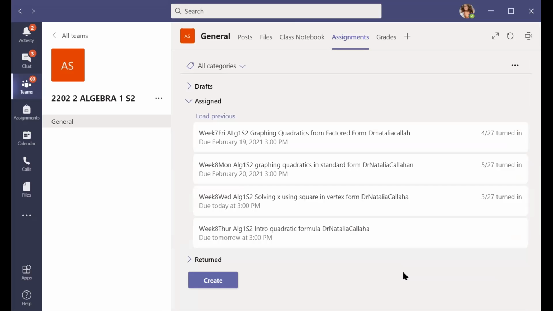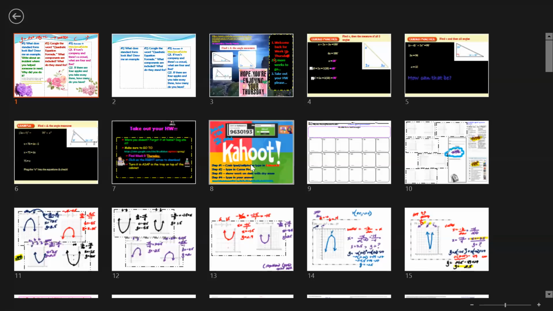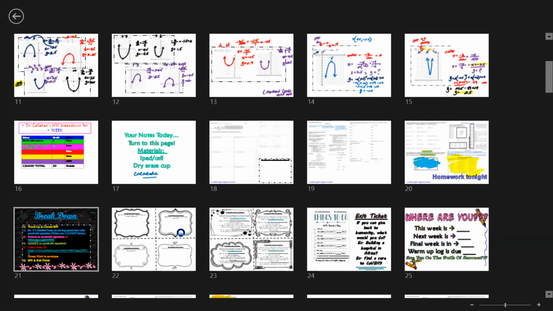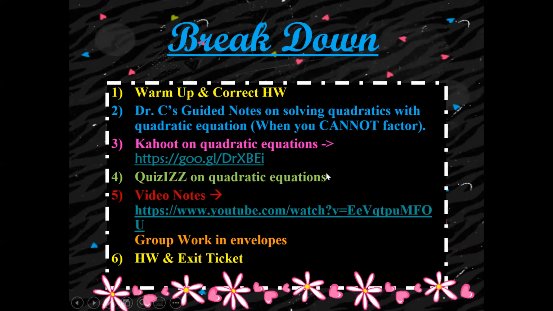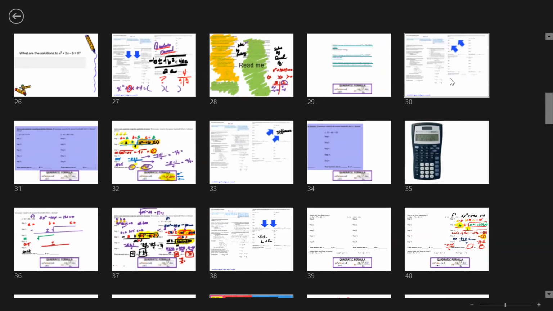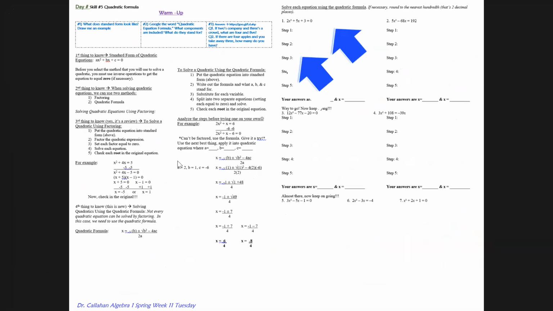All right, with that said, let's continue with what we're going to be doing today. Take a look at the breakdown for today's work. All right, let's jump right in. Your guided notes look like this.